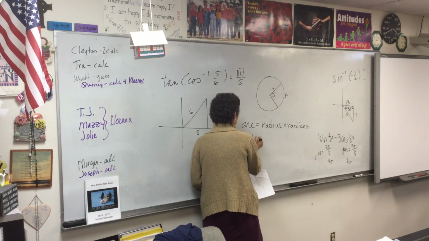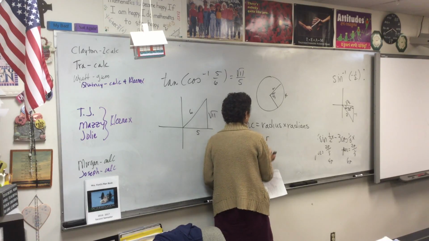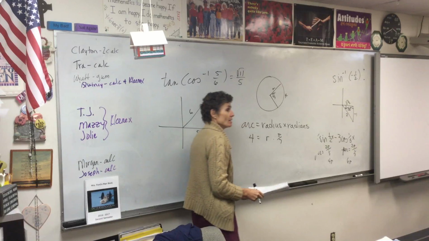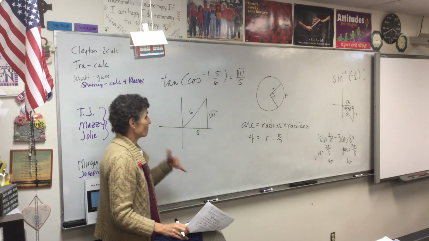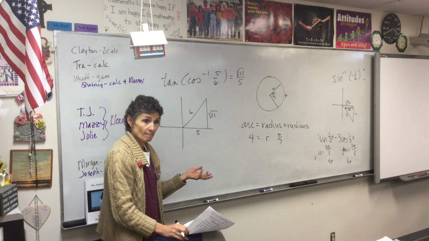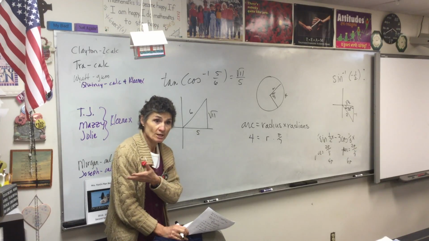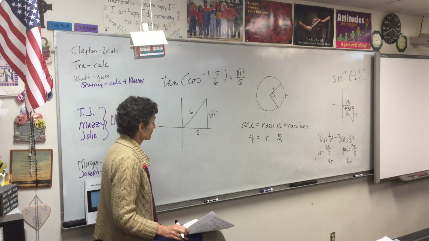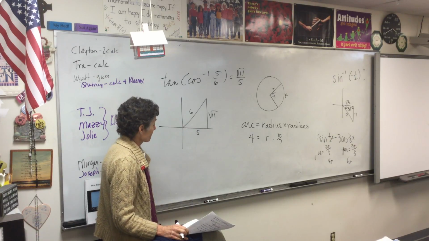And we know our arc length is 4. We don't know the radius, but this time we actually have the radian measure. Usually I try to mess you up by giving you the angle in degrees. So the first thing you have to do is change it. But I've given it to you in radians. So now what happens?